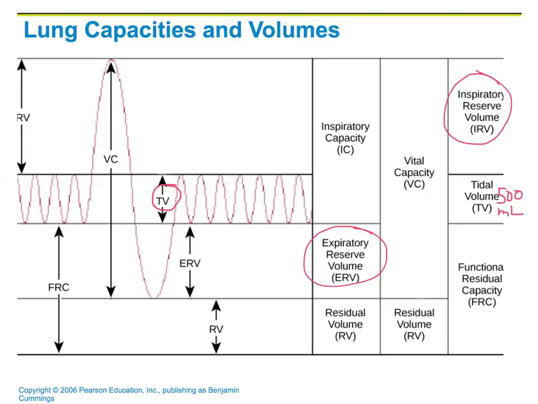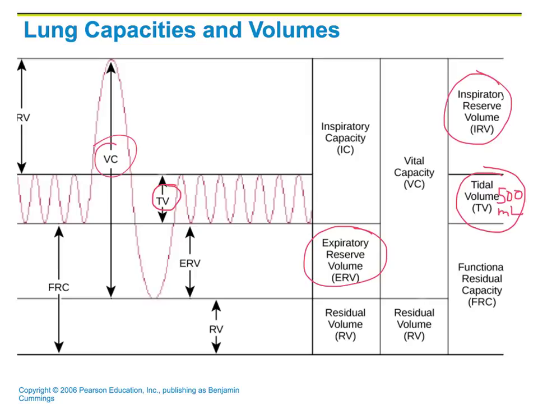If you put these three volumes together, your inspiratory reserve, your tidal volume, and your expiratory reserve, you've got your vital capacity, otherwise known as VC, which is a good indicator of total air movement. So the amount of total air you are able to exchange from your lungs.